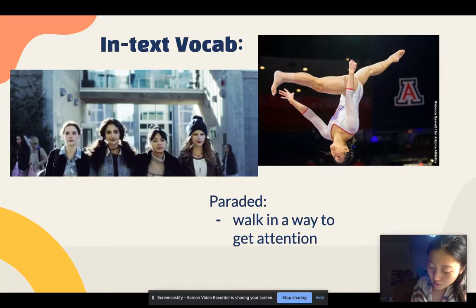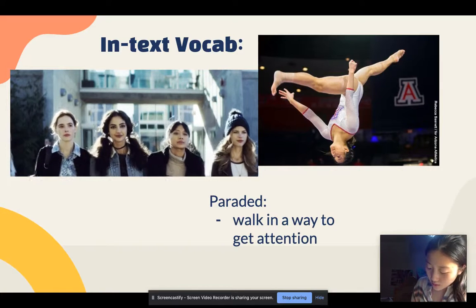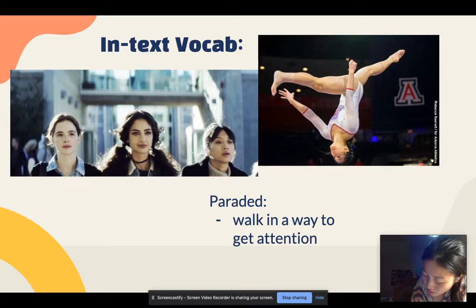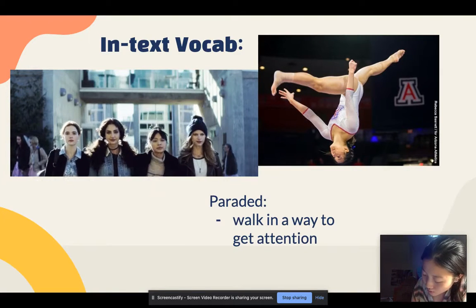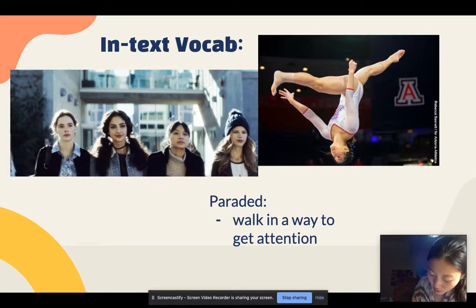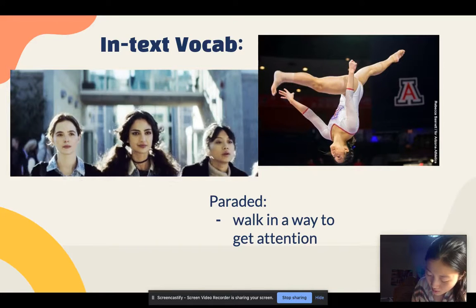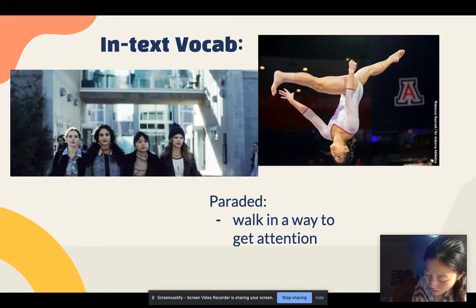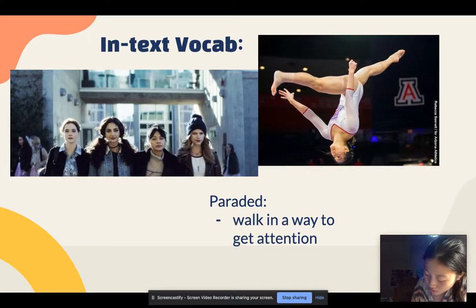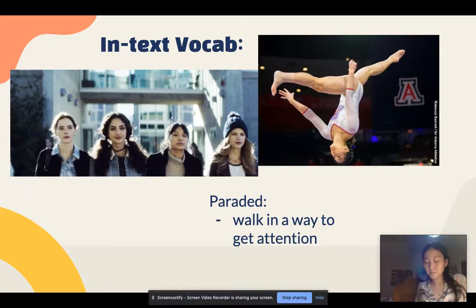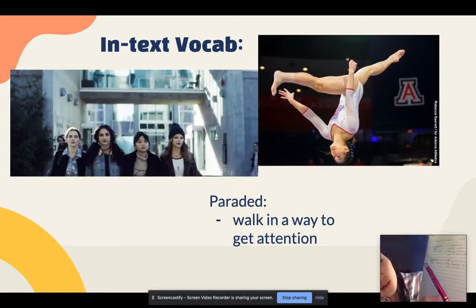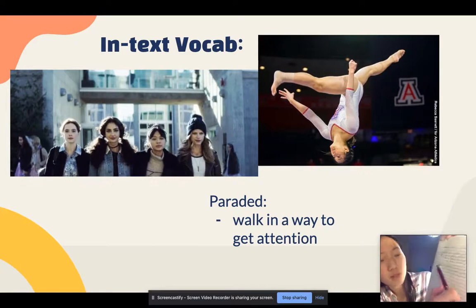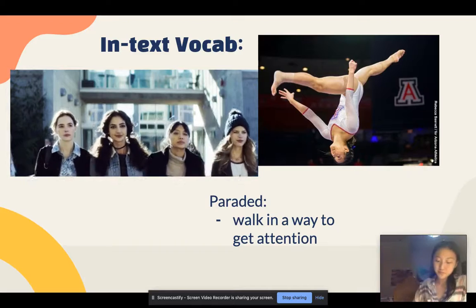The popular girls always parade through the halls in fancy clothes. Okay, so again, that's the structure. I've also got verb written off to the side.